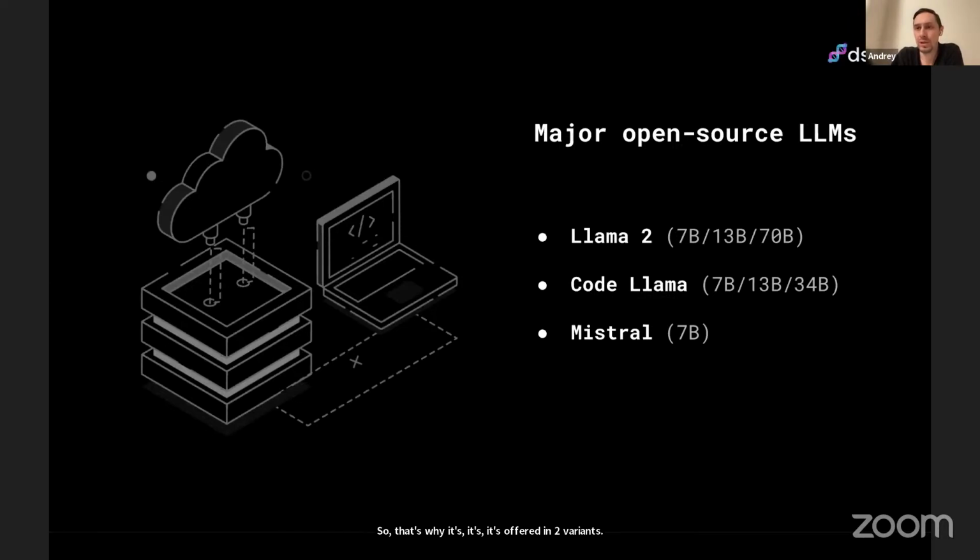Then another very important model is Code Llama, which is basically a fine-tuned version of Llama 2, also by Meta, also offered in 3 different sizes. But what is interesting about this model is that, think of an LLM that can generate natural language text, but compare it now to a model that can generate code that can be automatically executed. So in this case, you not only can create content, but you can also automate a lot of different tasks.